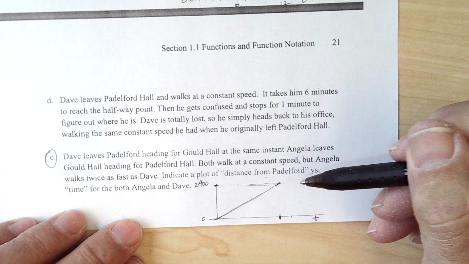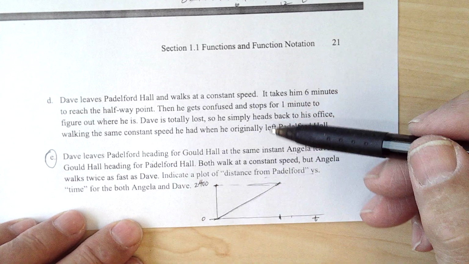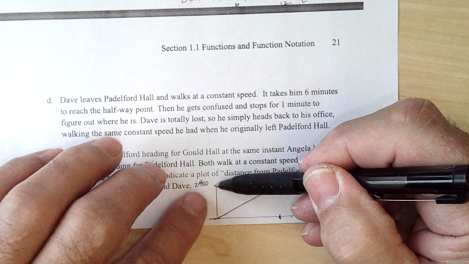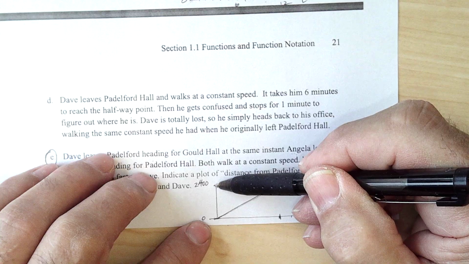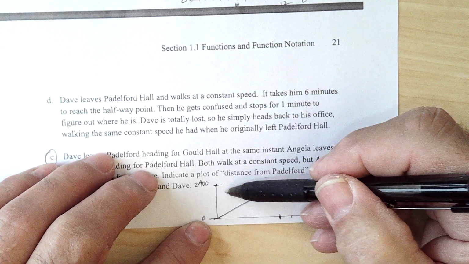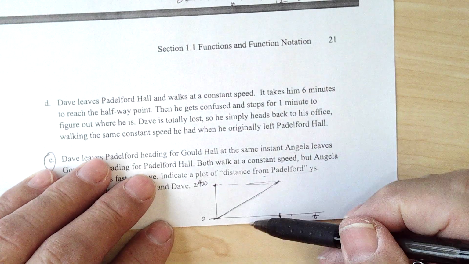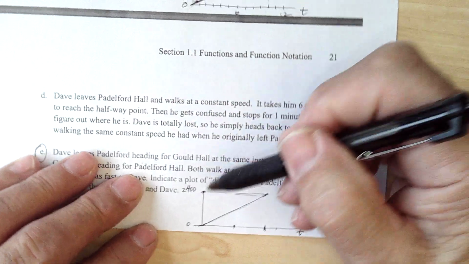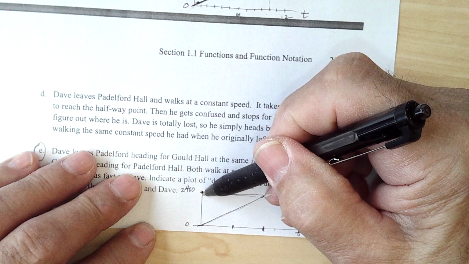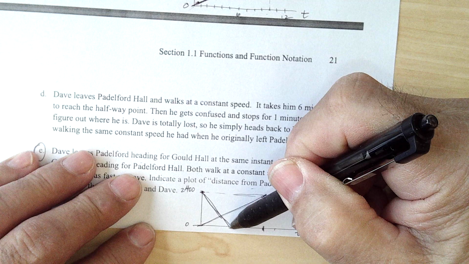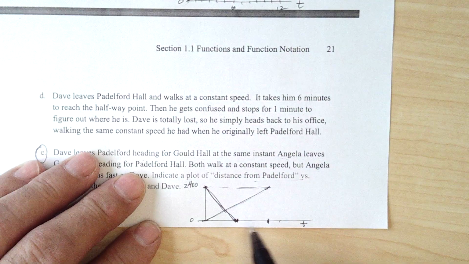Now, if it takes him this long and Angela starts at Gould Hall, which is 2,400 feet from Padelford, and heads to Padelford, she's going to get closer and closer. If she goes twice as fast, she's only going to take half the time. And so her graph will come down and meet here at half the time.